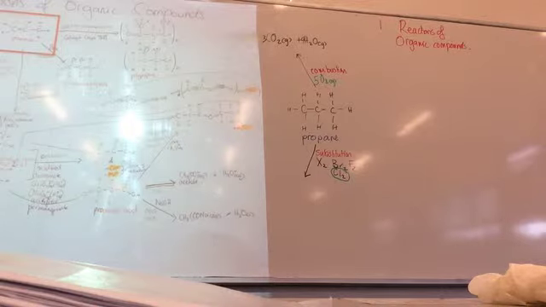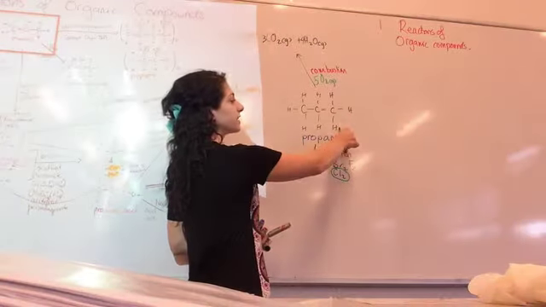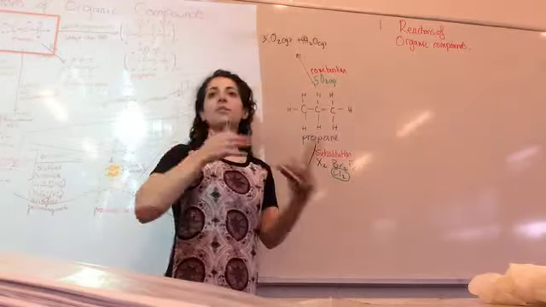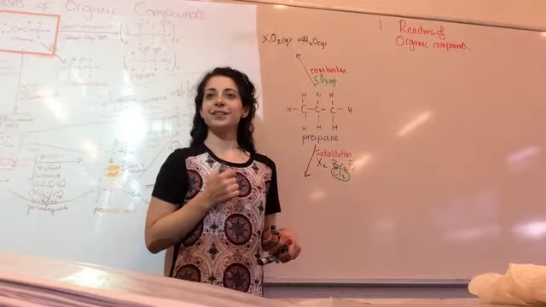Now guys, if we undergo a monosubstitution reaction with propane, how many different products are there? Chloe, if we substitute one of these H's with a Cl, how many different possibilities are there for our alkane? Very good.